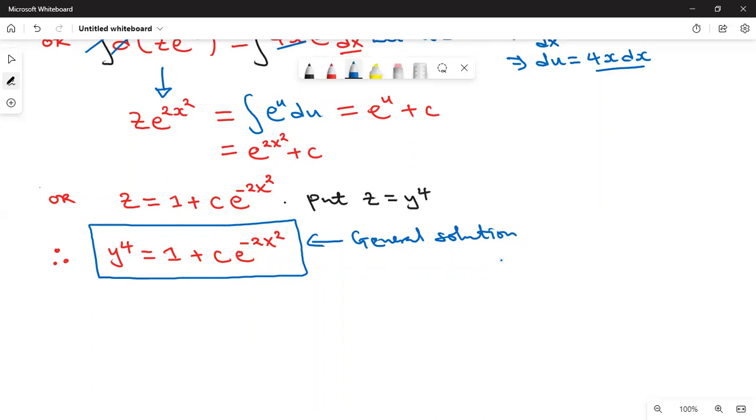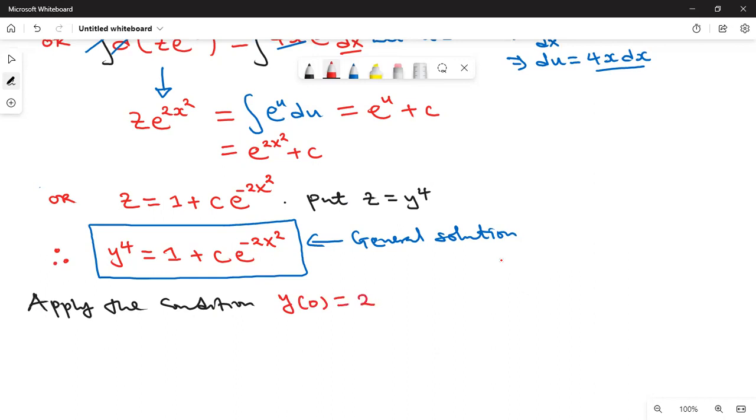It was that the value of y when x is 0 should be equal to 2. So you write: apply the condition that y of 0 is equal to 2.